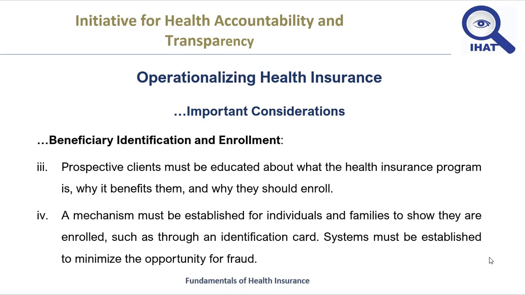Prospective clients must be educated about what the health insurance program is, why it benefits them, and why they should enroll. A mechanism must be established for individuals and families to show they are enrolled, such as production of an identification card. Systems must be established to minimize the opportunity for fraud.